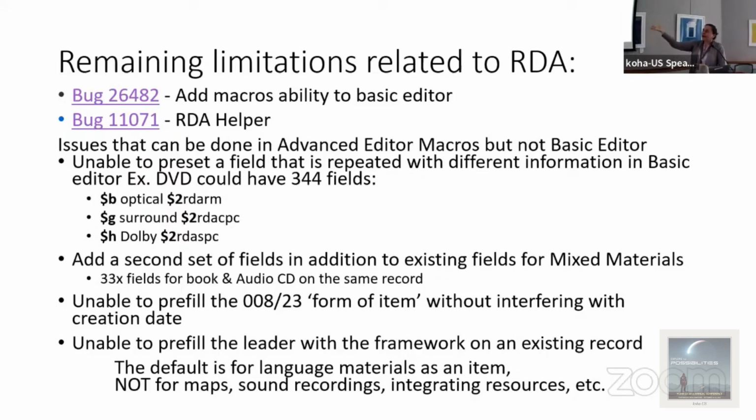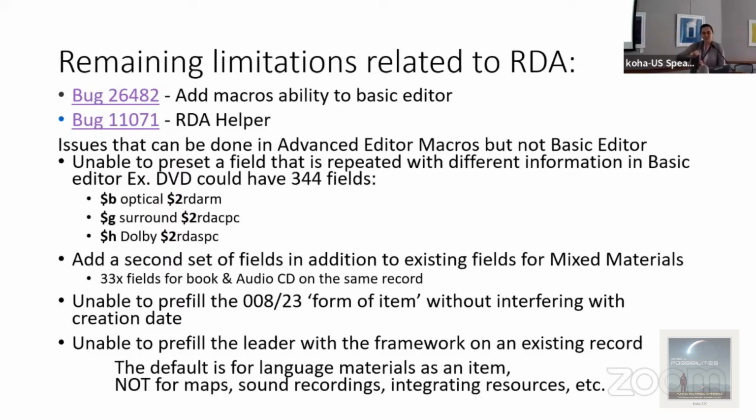The other one: how do you pre-fill that 008/23 for the form of item, so that when you select online resources, it automatically populates that? The leader, if it's a new record, Koha will pre-populate that field.